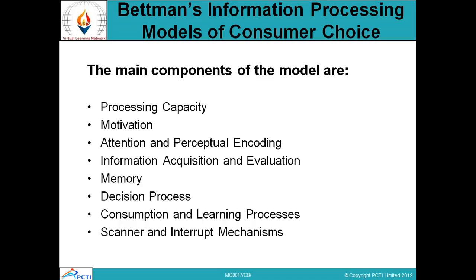And finally, it's the scanner and interrupt mechanism. When I say scanner and interrupt mechanism, it means these are like information switches, where the consumer decides that he does not want insufficient information for a decision, or he scans that information for the next product or to buy a further product.